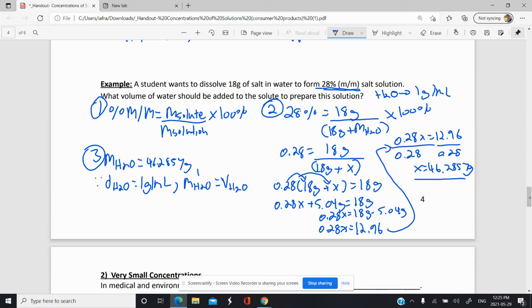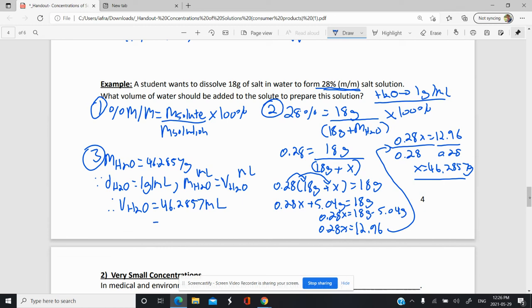Okay, so I'm just putting here in mils and mils. So in other words, therefore, the volume of water is going to be 46.2857 milliliters, because it's 1 gram per mil. That's where this density comes into play. So we'd have to add 46.285 milliliters to equate to our mass that we have there.